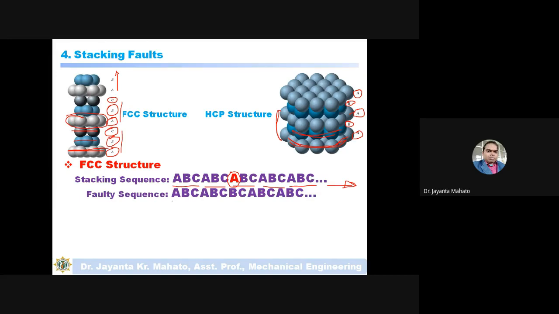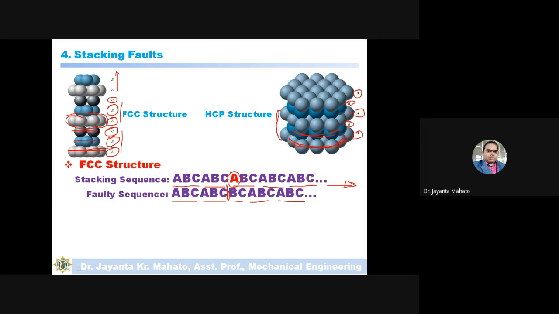This sequence will be ABC, ABC, and here B is missing actually. So BC is missing, then ABC, then again ABC, like this. So this is actually a faulty sequence.